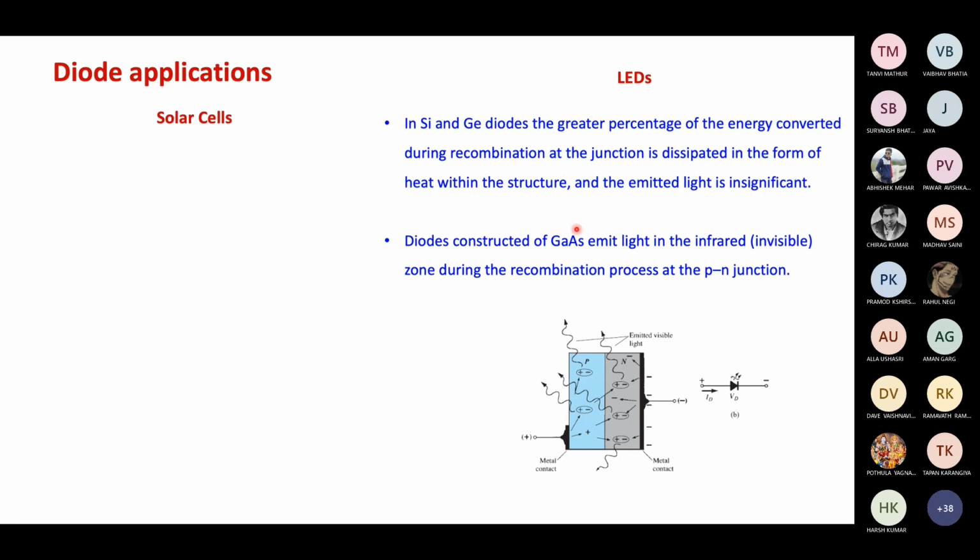And the gallium nitride LED emits light in the blue region. As a matter of fact, this blue LED was extremely difficult to make until the last few years, because it was not easy to make a gallium nitride LED.